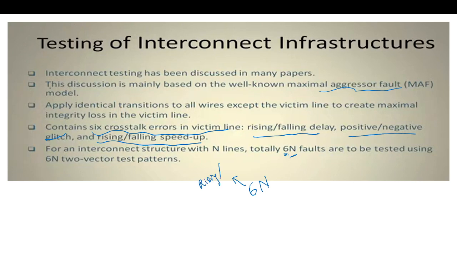Rising and falling delay, that is 2. Positive or negative glitch, again 2. Slower or speed up, rising or falling speed up. The first one she said is longer for delay, positive glitch and speed up. All the 3 we have discussed.